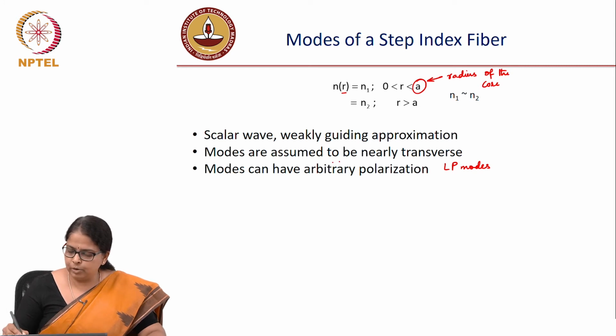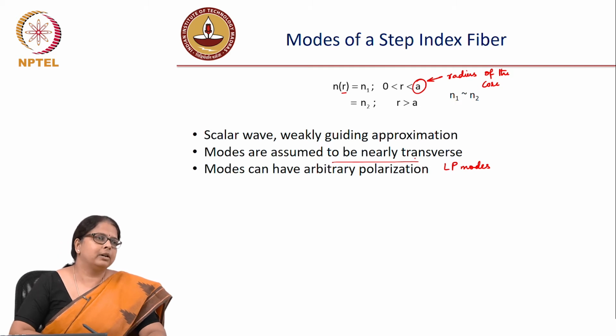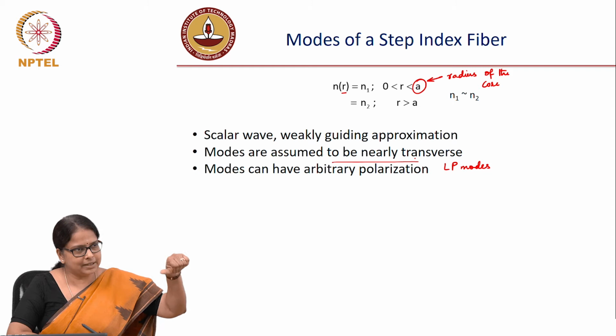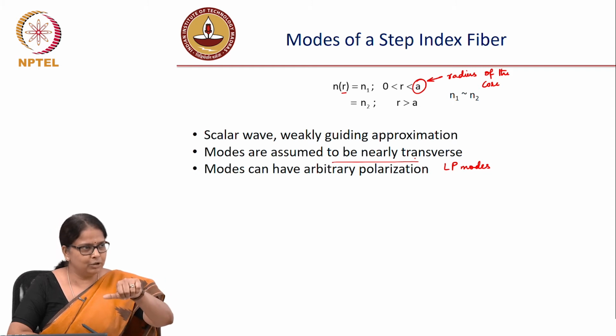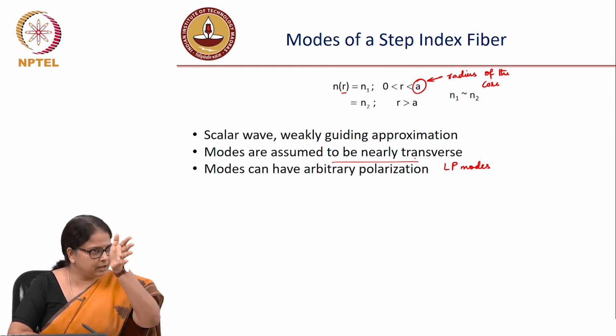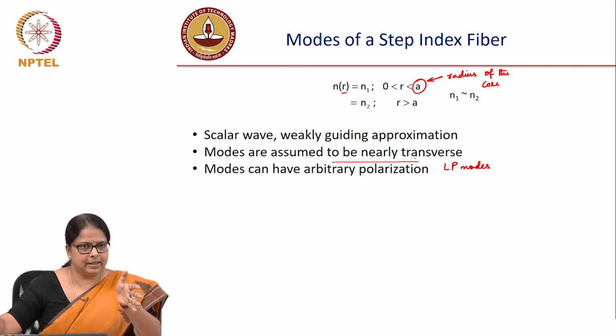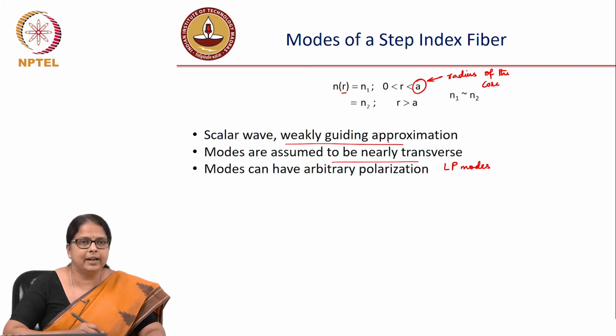The modes are assumed to be nearly transverse, meaning if you remember your modes of a rectangular waveguide, you would have components along the longitudinal direction also, right. So, you do not have any component of electric field along the longitudinal direction, all the components of the electric field are along the x and y direction, provided your z is the direction of propagation, and that is happening because of this weakly guiding approximation.